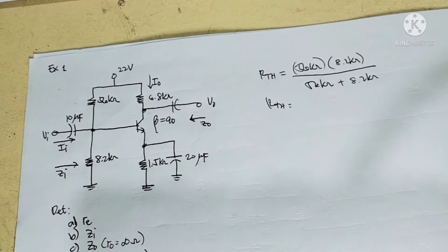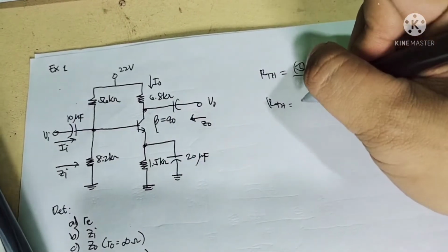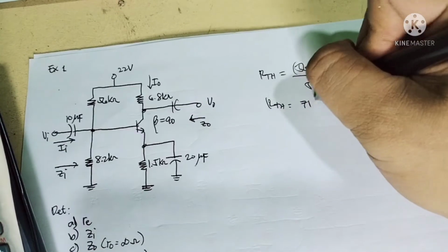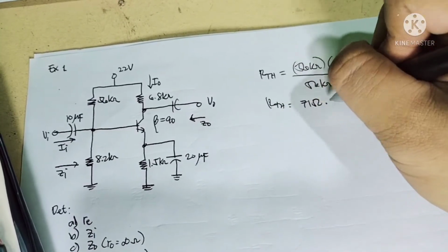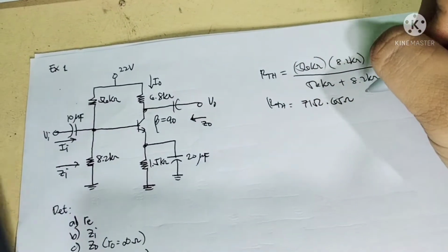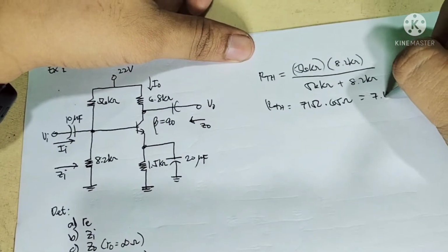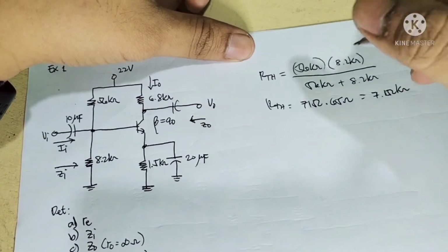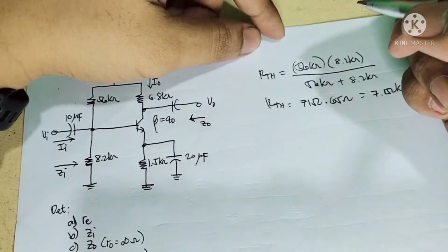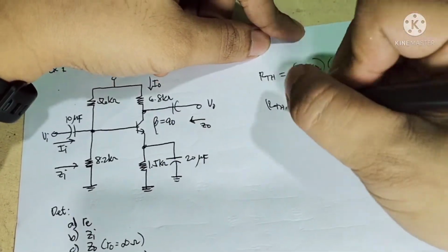Therefore this is 7152.65 ohms, or 7.152 kilo ohms, RTH.